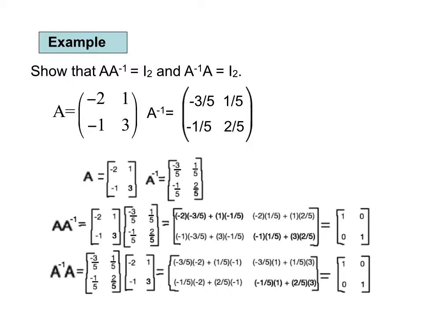Performing the normal multiplication rules with matrices, when we multiply A times A inverse, we get the matrix I2. We also see that when we multiply A inverse times A, we also get I2. Therefore, A inverse is truly the inverse of matrix A.